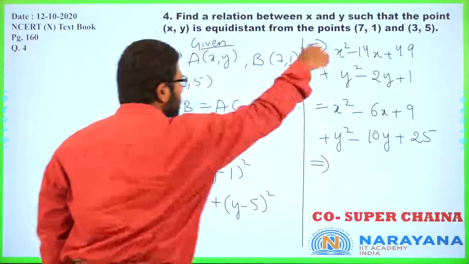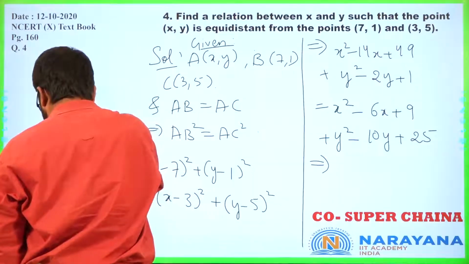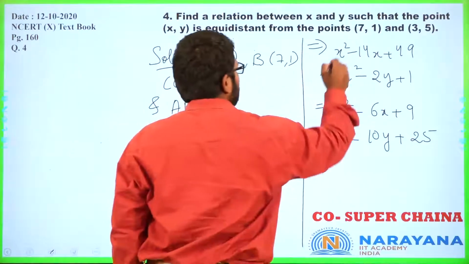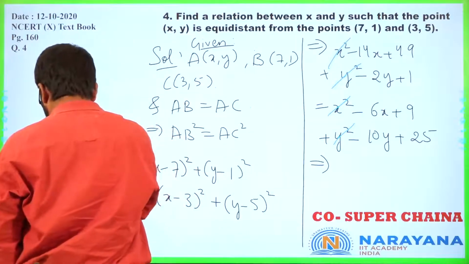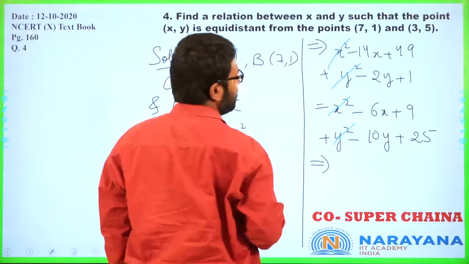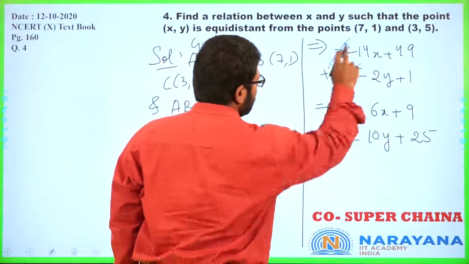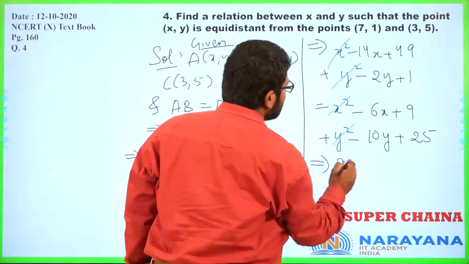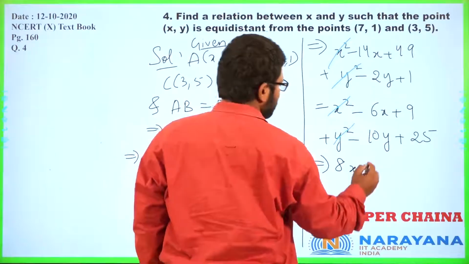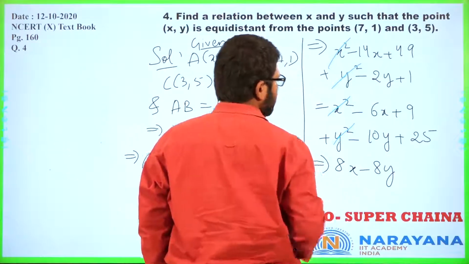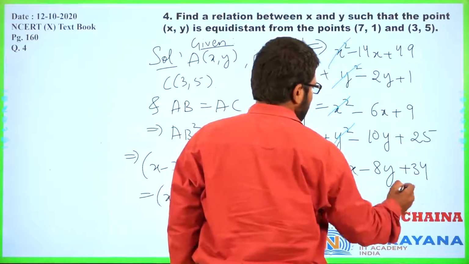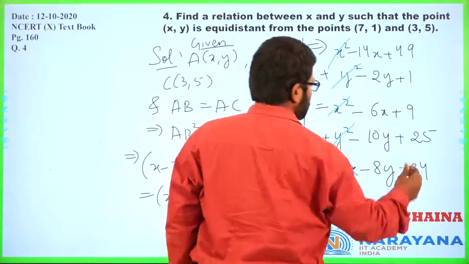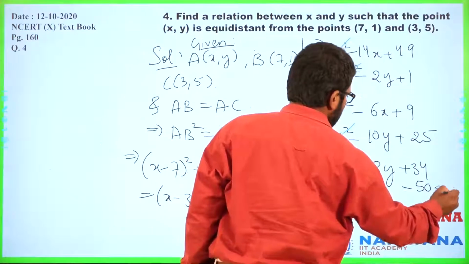Do you realize all the x squares and y squares are going to get cancelled? What are you left with? Bring everything to RHS. So 14x minus 6x is 8x. And then minus 10y plus 2y, so minus 8y. And then 25 plus 9, so plus 34. Minus 49 plus 1 is 50 equal to 0.